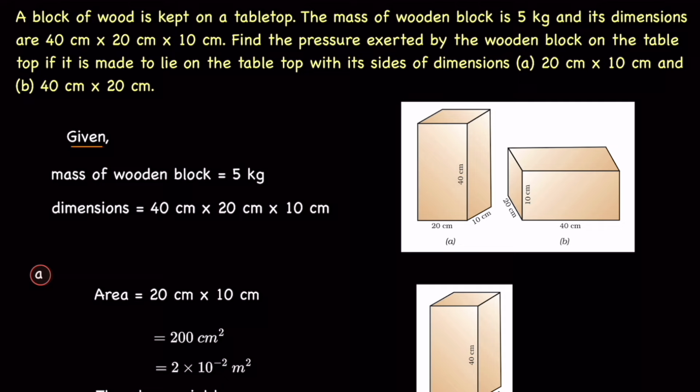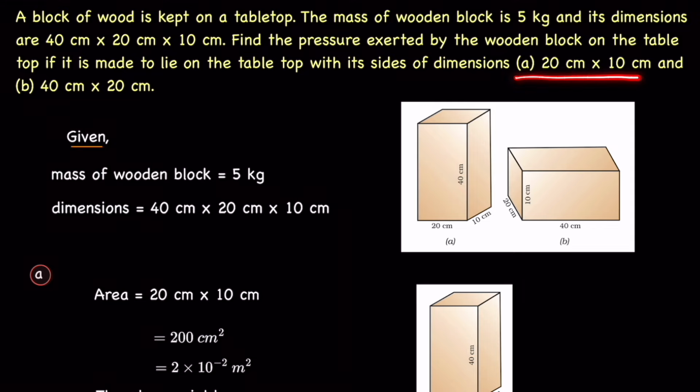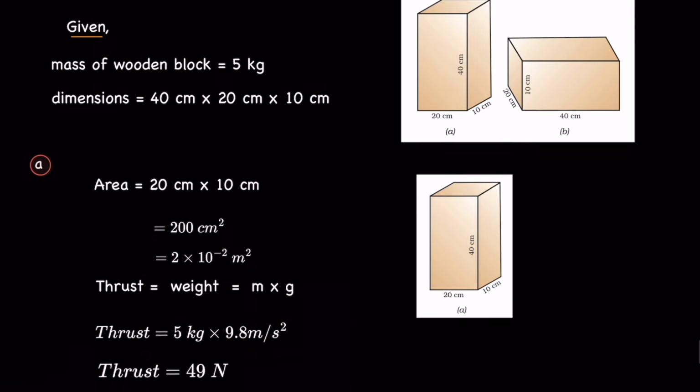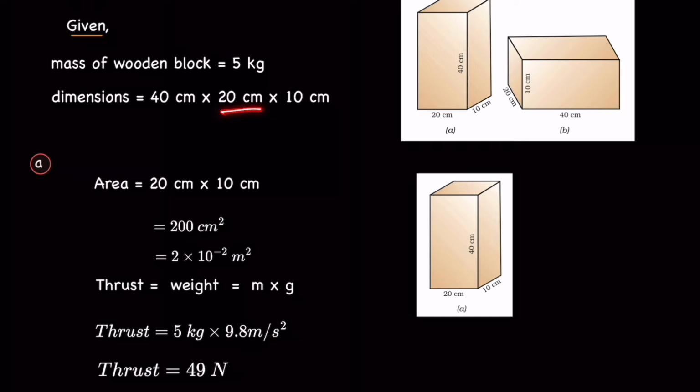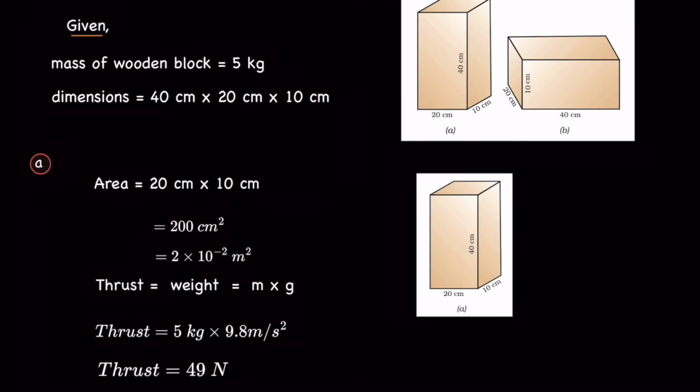So we will start with the first condition where the dimension is 20 centimeter into 10 centimeter. As you see here, mass of the wooden block is 5 kg and the dimension is 40 centimeter, 20 centimeter and 10 centimeter. We will consider the first case where area is 20 centimeter into 10 centimeter. Area is always that dimension which touches the surface.